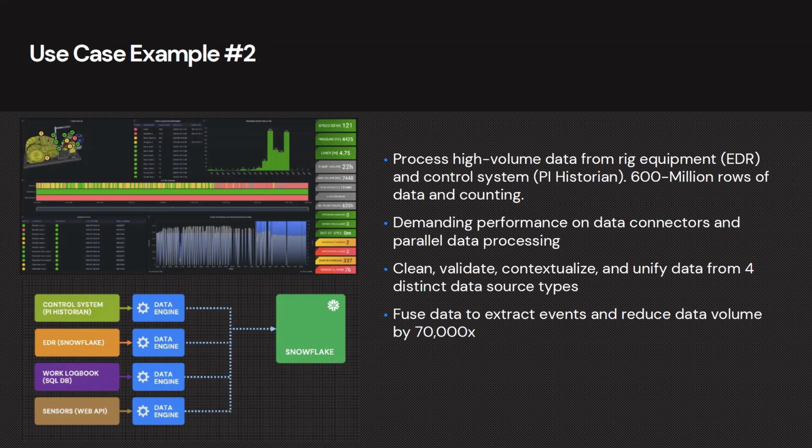And finally, a lot of data processing is done to reduce the raw time series data into events. And we were able to essentially reduce the amount of data by a factor of 70,000. So now the output data are just events, and it's a much smaller data set. It's much easier to be used by AI and digital twin type of applications. So this is a system where a lot of data processing goes into the edge data pipeline.